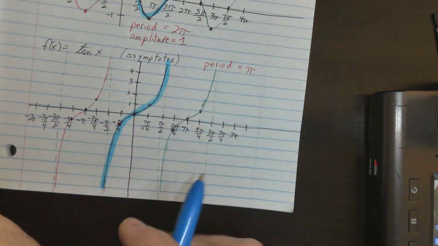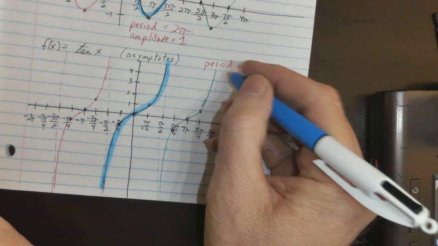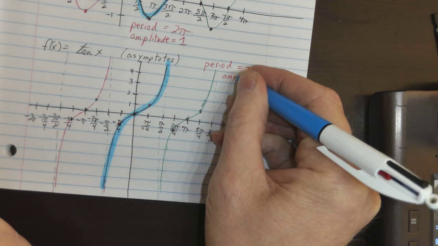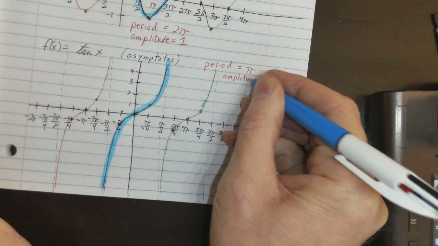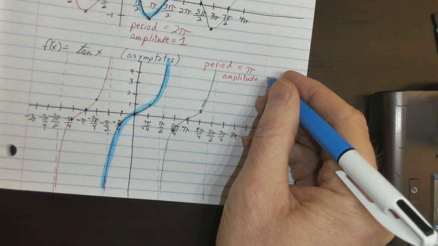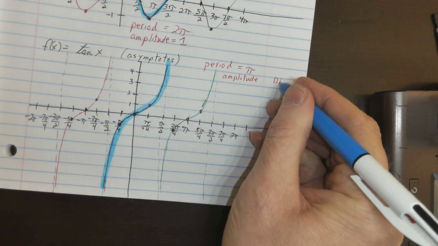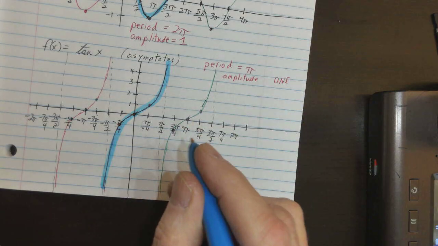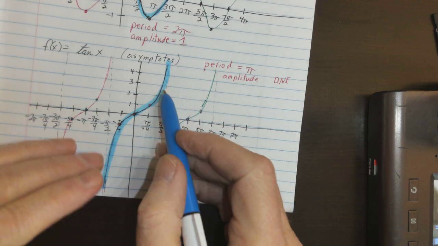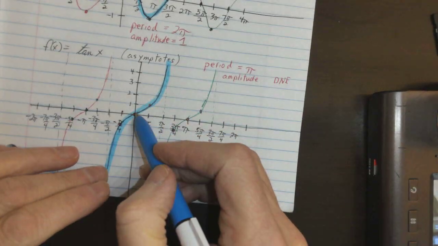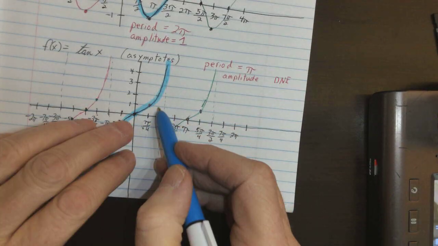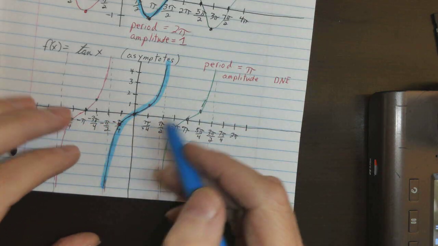So it is repeatable. And the amplitude really does not exist. The amplitude, from the midline here, goes up forever and goes down forever.